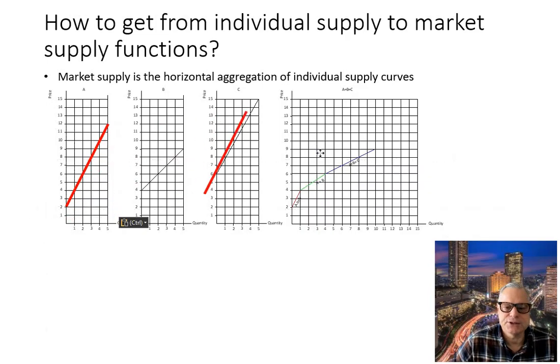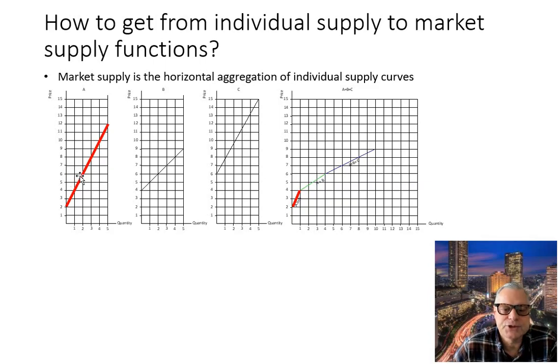So that means in the aggregate supply function, this section from producer A defines the market function. Now beginning at the price of 4 and all the way up to 6, it is A and B that supply.